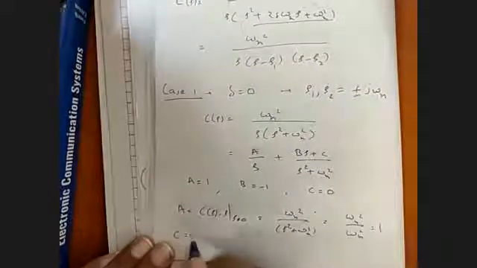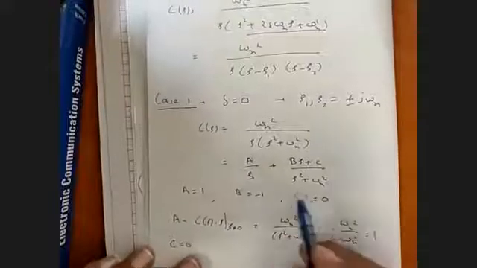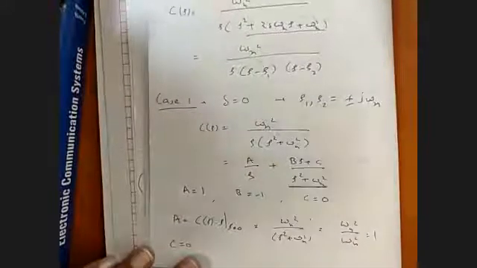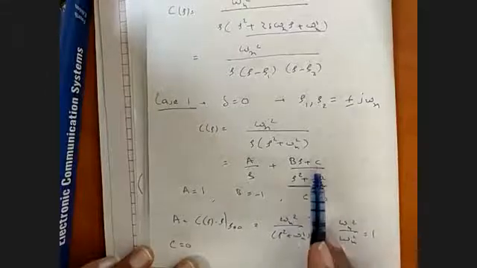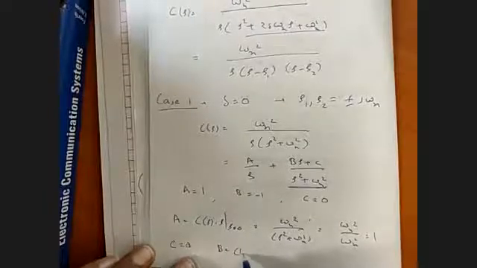C equal to 0, because when we differentiate this term, we will not be getting any s term or any constant term, so that's why it is only Bs. So C is 0 and B is Cs into s square plus omega n square upon s, with s square equal to minus omega n square.